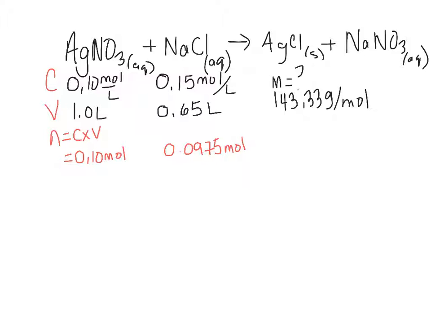What are the coefficients in front of silver chloride? 1. What's the coefficient in front of silver nitrate? So this is the number of moles of silver chloride. And it's the same for sodium chloride.